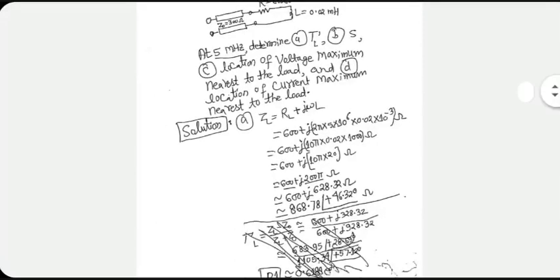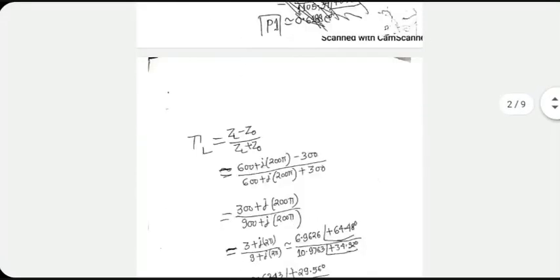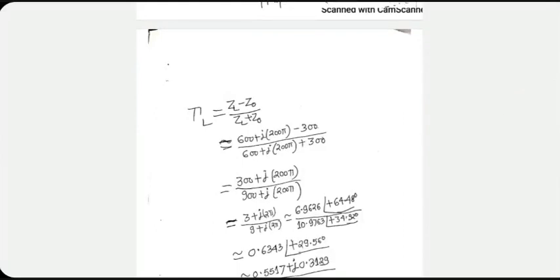So the first part is to calculate tau L. The formula is simple here. I plug in all the values. You have to do these things carefully. In the exam, time pressure is there, I know.